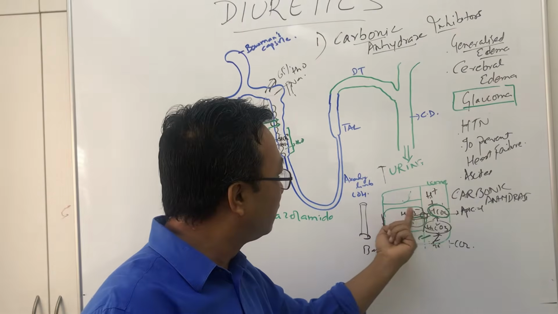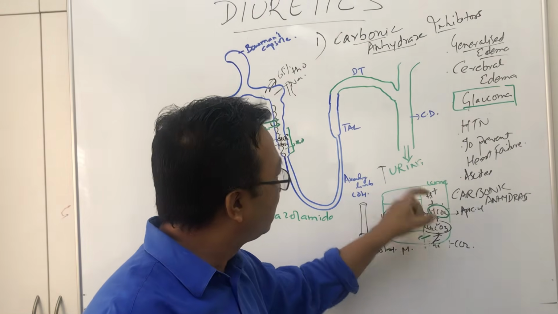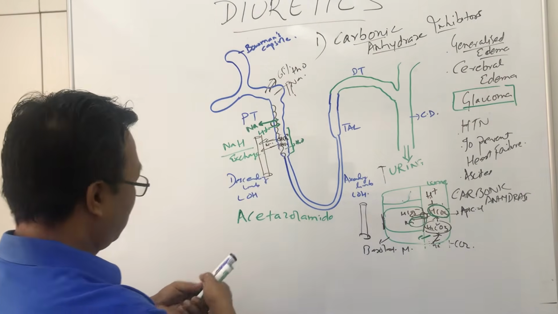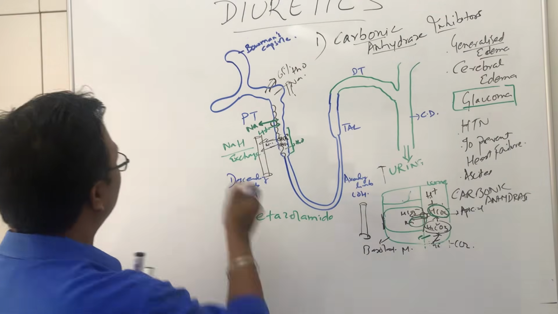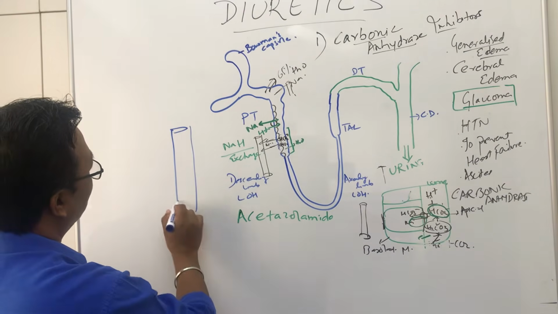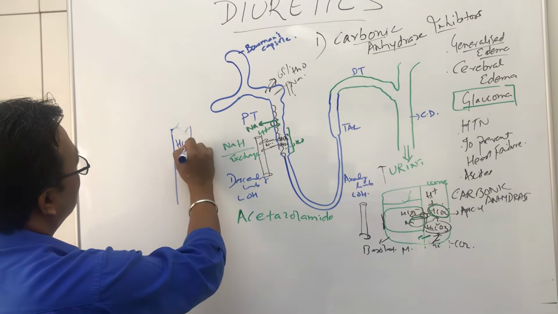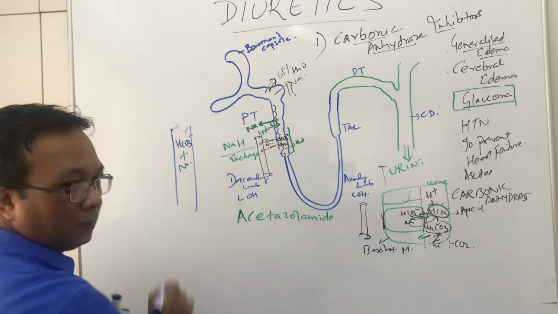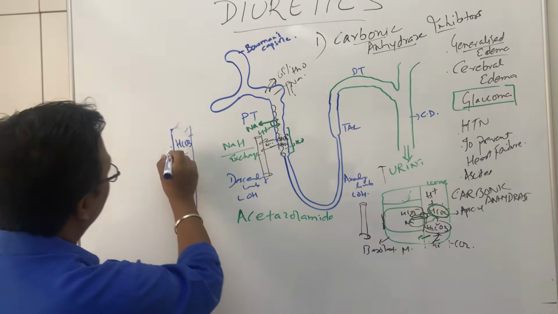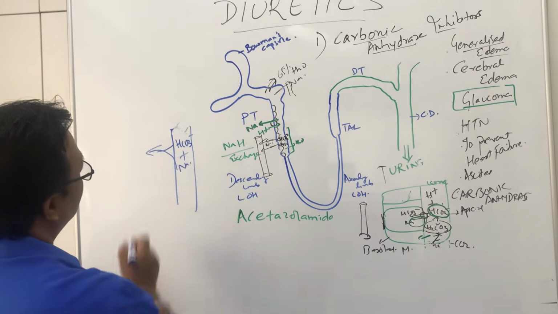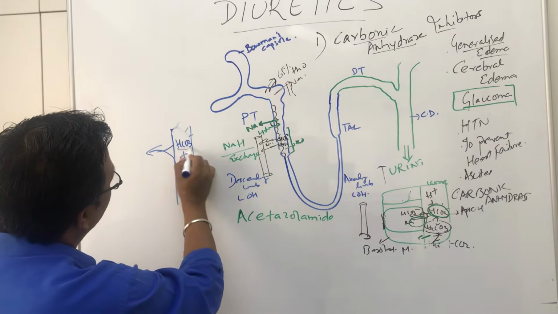So here what happens inside the tubes, let me make it more clear. Inside the tubes, this is the lumen. Once the bicarbonate is formed, it will combine with sodium, that will form sodium bicarbonate, and then it will be absorbed. So we are stopping the formation of bicarbonate.